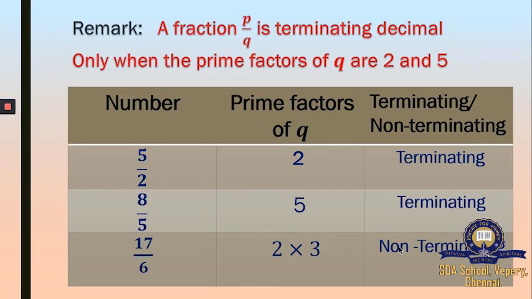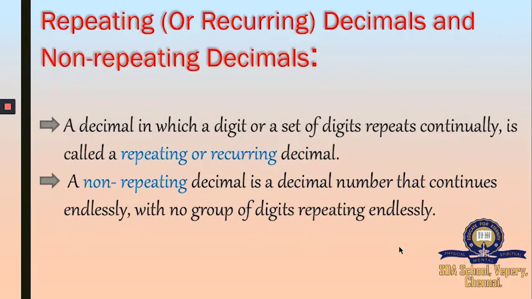So we reduce the denominators to their prime factors first, and then we identify whether they are terminating or non-terminating decimals. Okay. So the next is repeating or non-repeating decimals.